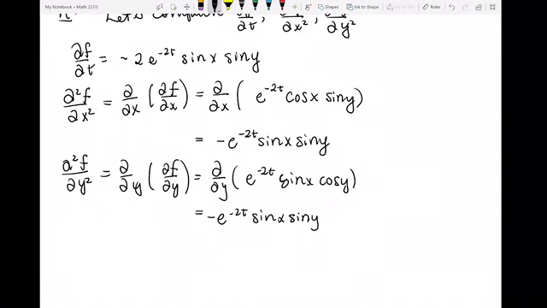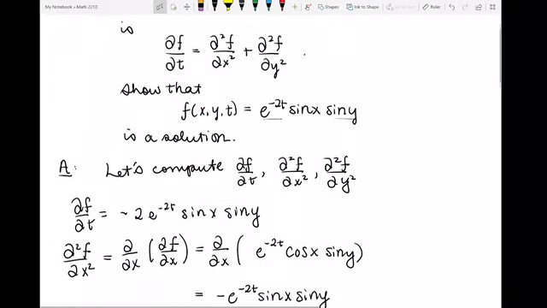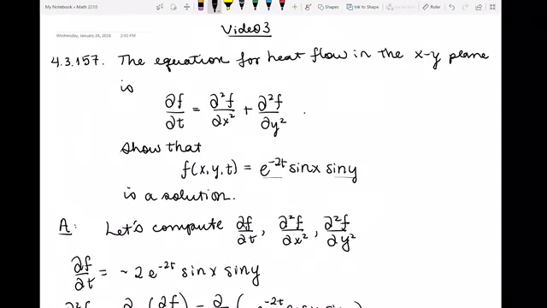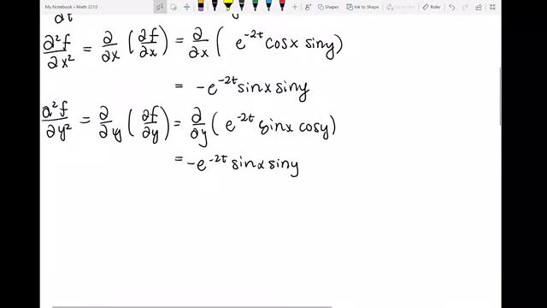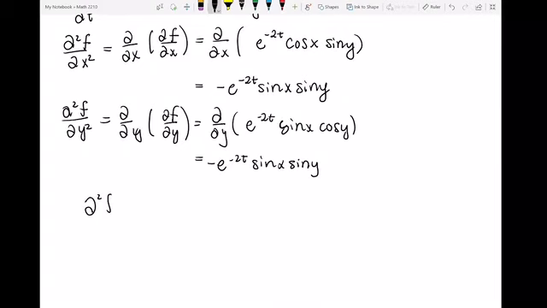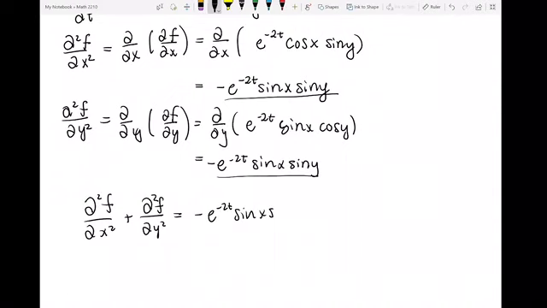Okay, now I need to go back to this relationship that they told me, this heat equation, and verify that the equation holds with these partials. So let me write down the right-hand side of the equation. It was the second partial with respect to x plus the second partial with respect to y. If I plug in what I got here and here, I get minus e to the minus 2t sine x sine y minus e to the minus 2t sine x sine y.